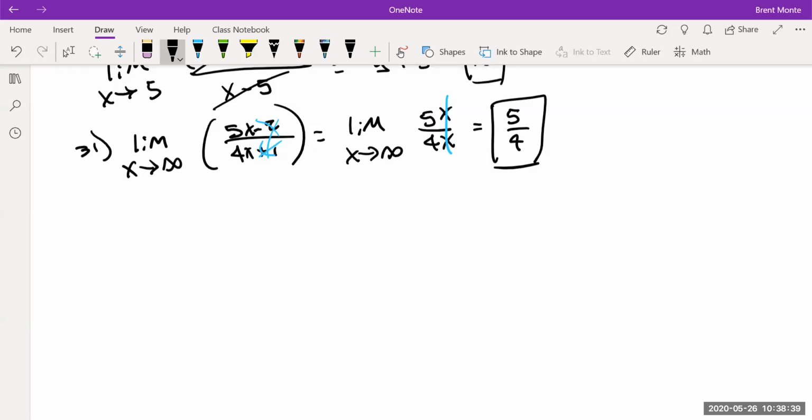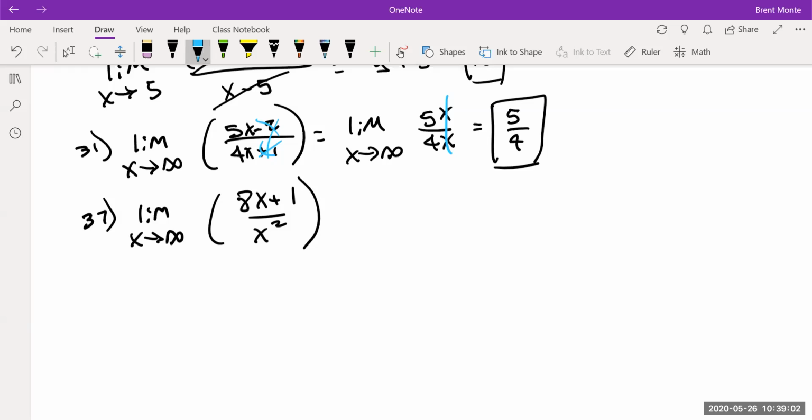Well, what happens on a problem like 37, limit as x approaches infinity, 8x plus 1 is the top, x squared is the bottom. Now it's something different. Notice the power on the bottom is bigger. Always the same thing is going to happen here.